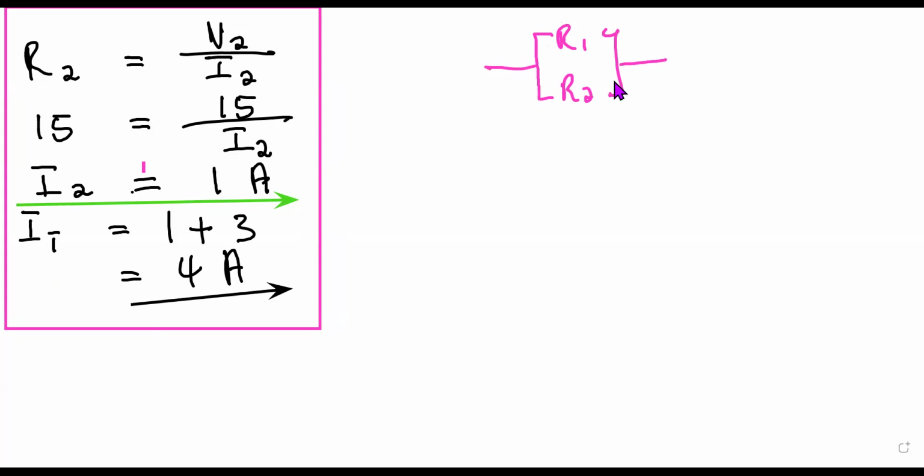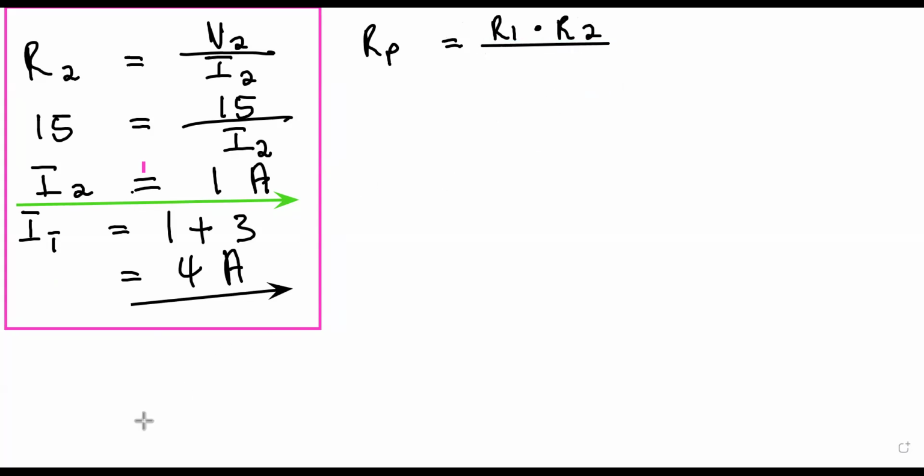So let's go ahead and do that. You'd simply say, okay, fine, your RP is equal to R1 times R2 divided by R1 plus R2. So this is what you would say.